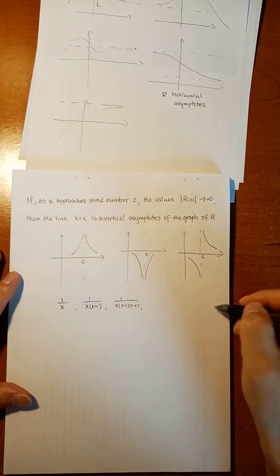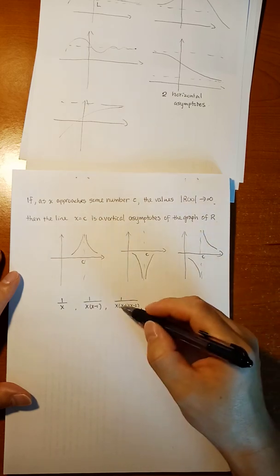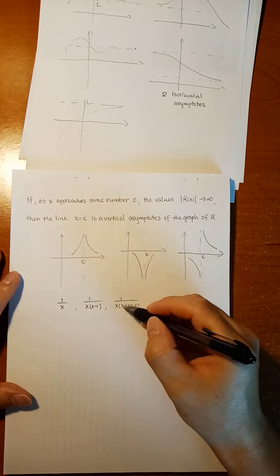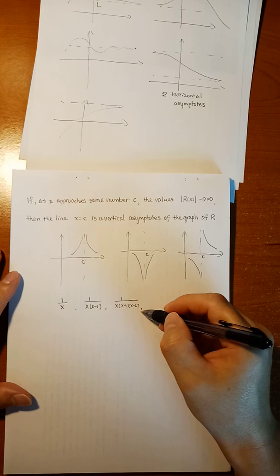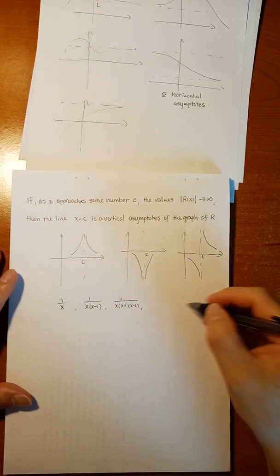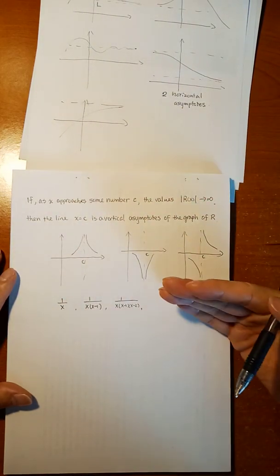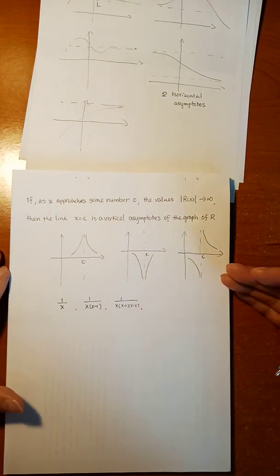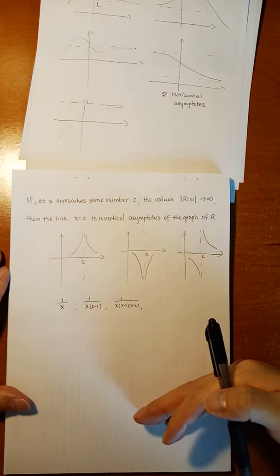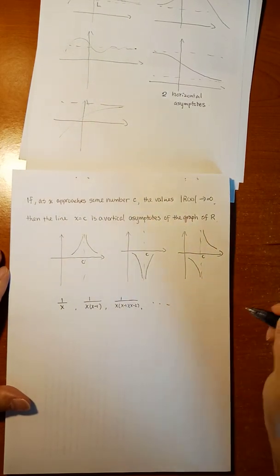You can see how I do it. If you want 1,000,000, you just take x times x minus 1 times x minus 2 times x minus 3. If you have time, you can repeat it until times x minus 1,000,000, and use 1 over the product. That function will have 1,000,000 vertical asymptotes.